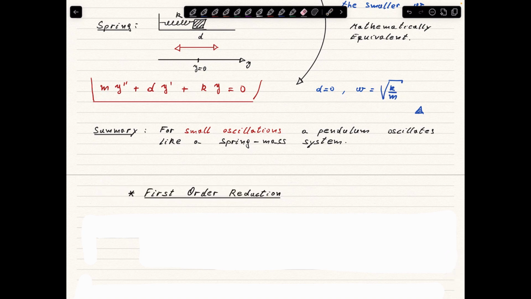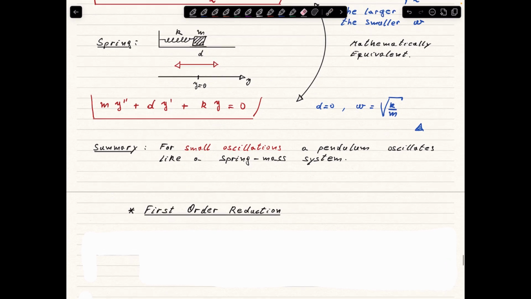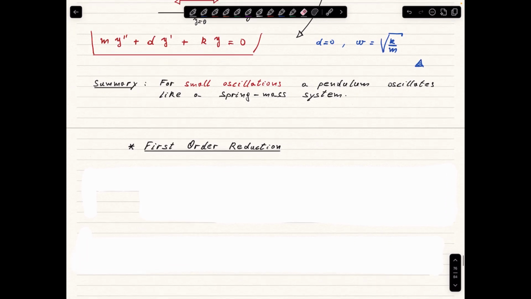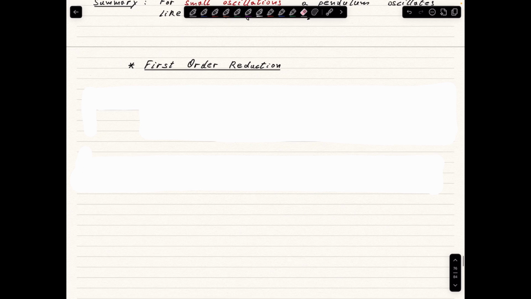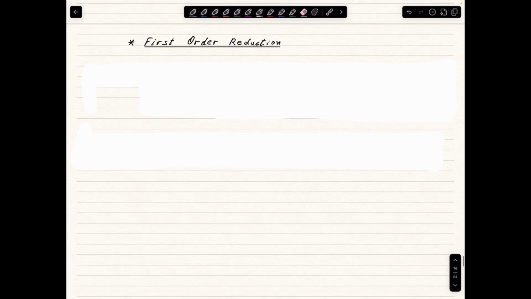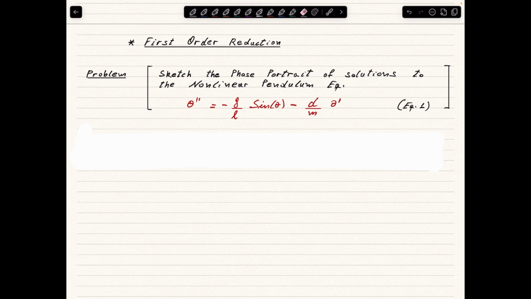a first order reduction of the equation of the pendulum, because recall what we want to do is sketch an approximate phase portrait of the solution of the equation for the nonlinear pendulum. But the equation for the nonlinear pendulum right now is not a first order system, it's a second order nonlinear equation.